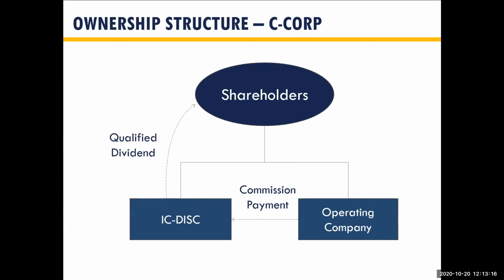So we have effectively avoided double taxation on that commission amount. If we would have paid that commission amount directly out as a dividend from the C Corp to its shareholders, the shareholders would recognize the same dividend income, but the C Corp wouldn't be able to deduct the dividend payment. So adding the IC-DISC in there gives us that benefit of effectively getting earnings out of the corporation, subject to only a single layer of tax.